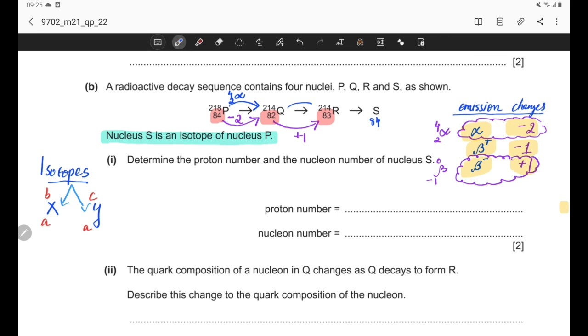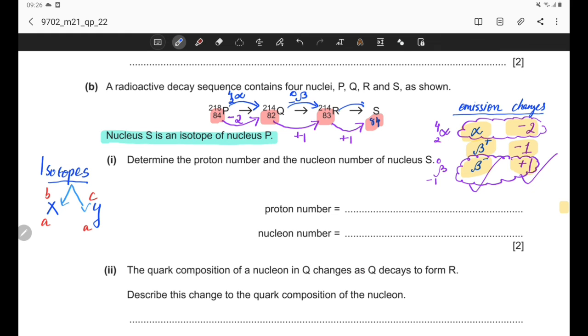So when there is a beta negative emission, we will get the product R. Now again we can compare the atomic numbers of R and S. The atomic number of R is 83 and the atomic number of S is 84. So there is an increment of +1 from 83 to 84, and again it must be a beta minus emission.